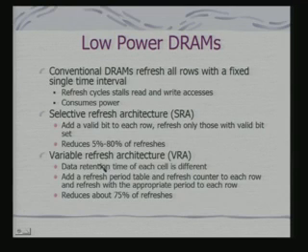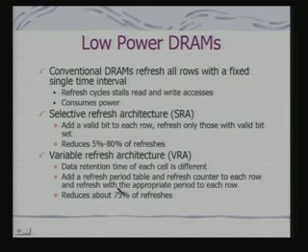The other thing is variable refresh architecture. Data retention time of each cell in this case can be different, because in terms of the technology being used, the data retention time for each cell is different. Add a refresh period table and refresh counter to each row and refresh with the appropriate period for each row.